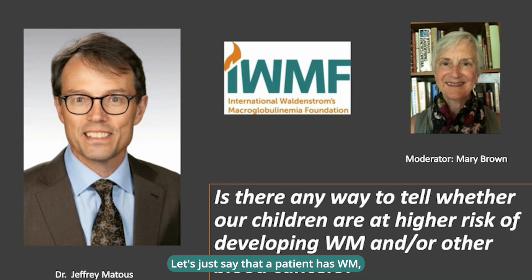Let's just say that a patient has WM, they want to know about their children's risk of getting WM. This is a 3 in a million cancer. Let's just say that in family members it goes up 3 or 5 times. It goes from 3 in a million to 9 or 10 or 15 in a million. Still pretty darn rare, and we do not routinely test those patients to see if they have WM.